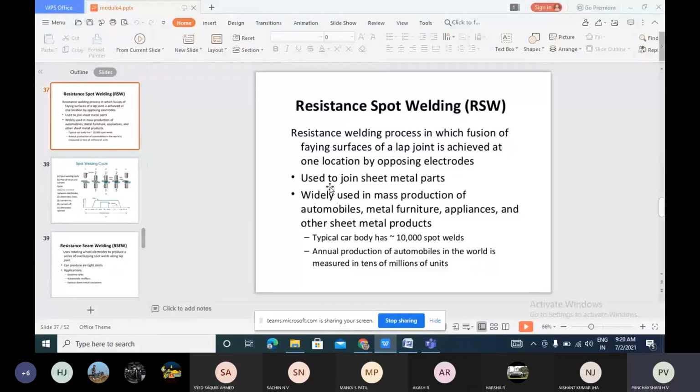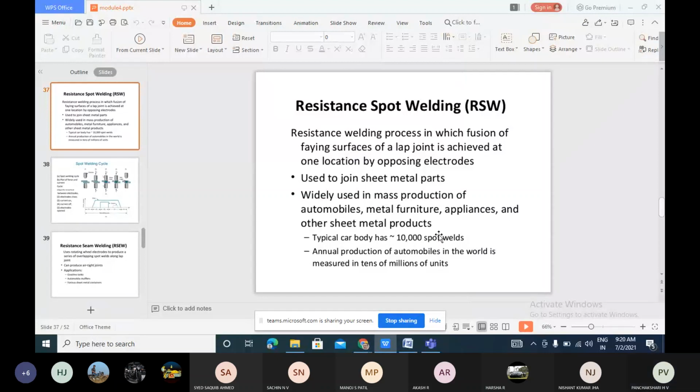It is used to join sheet metal parts, widely used in mass production of automobiles, metal furniture, appliances, and other sheet metal products. A typical car body has around 10,000 spot welds. You can imagine the quantity of welds.